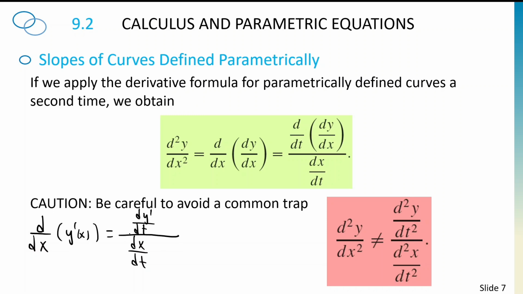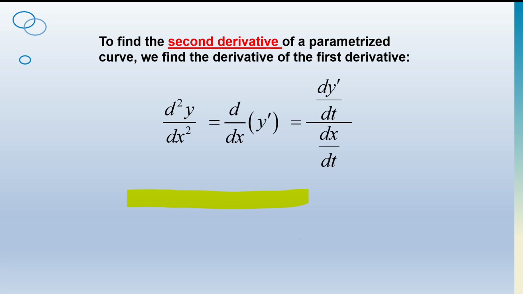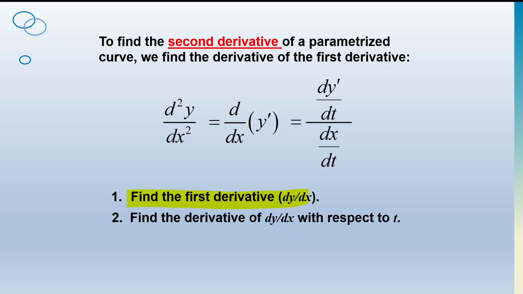So basically what I need to do is just 3 fast steps. First, I'll find the first derivative, just normally, dy over dx, as we covered in the first 2 examples. Then I'll find the derivative of the first derivative, but with respect to t.